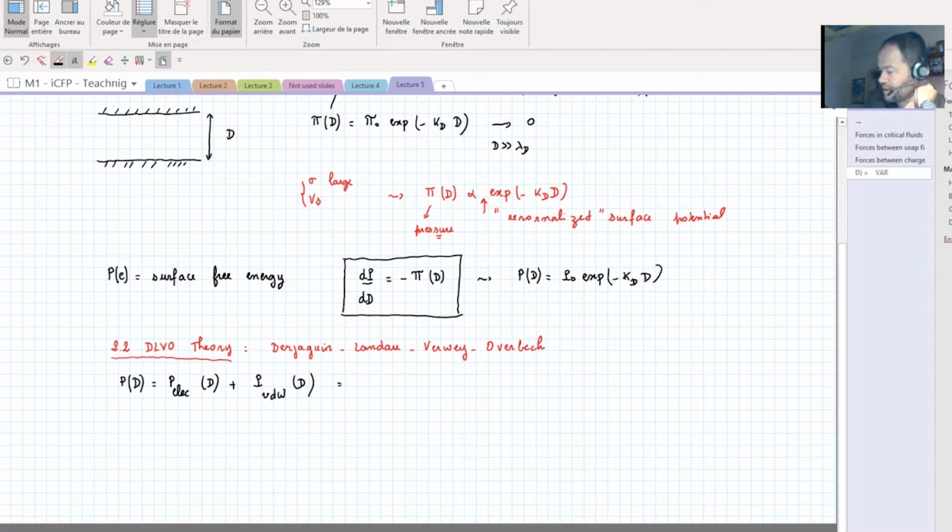So the electrostatic term, we just wrote it right now. It is P0 exponential of minus kappa d. And do you remember the shape of the second term here?